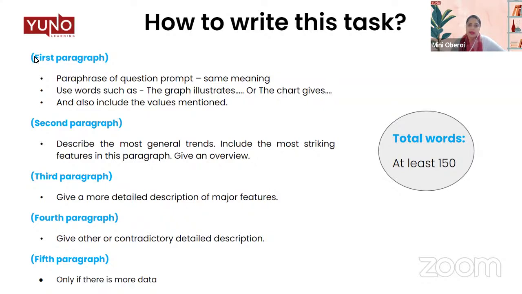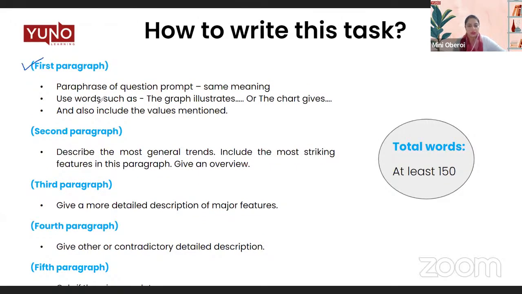Whenever a visual input is given to us, we call the first paragraph the introduction, or the beginning of a report. Some people even prefer to call it the paraphrased paragraph. Here, we just paraphrase or rephrase whatever the question says.